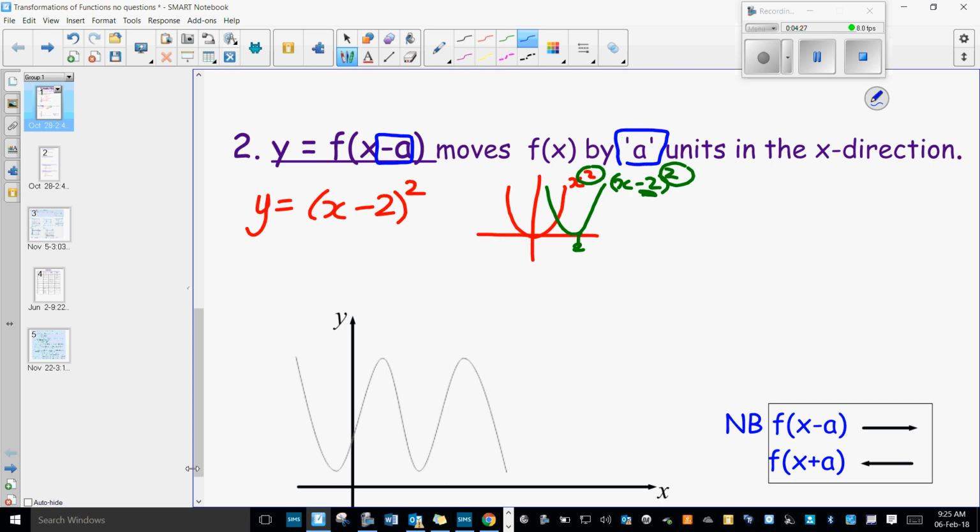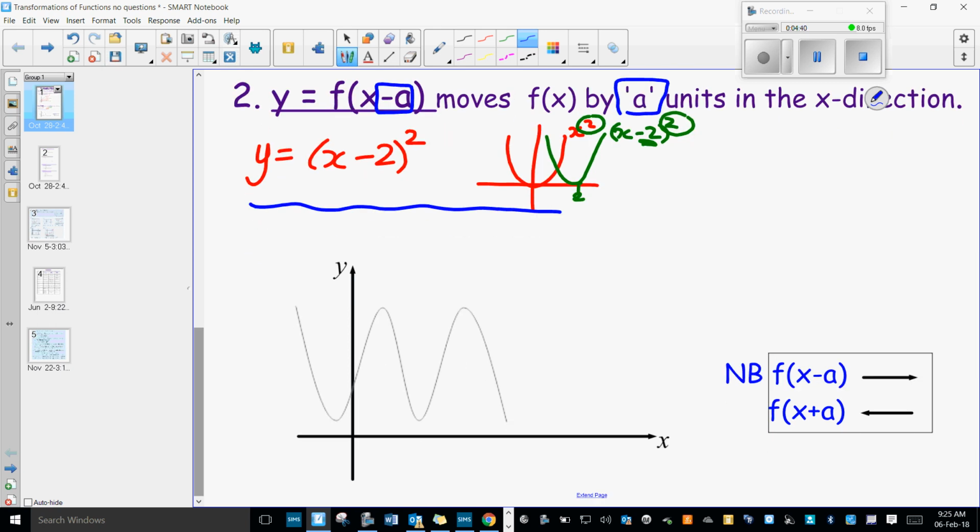And if we had plus a in the bracket, we would move to the left. So this was an example of something we should have been familiar with. Now looking at this one here, if we're having f(x minus a), which direction did I say? To the right. Good. So my whole graph is shifting to the right.